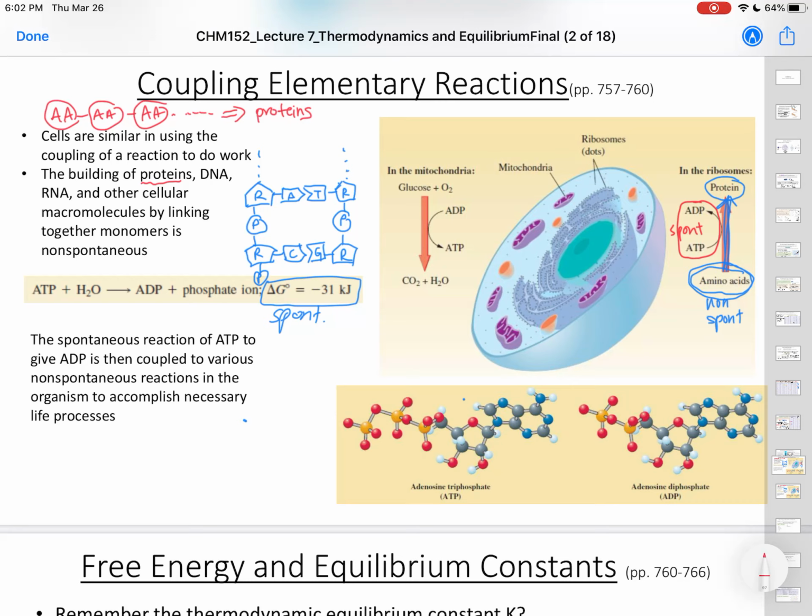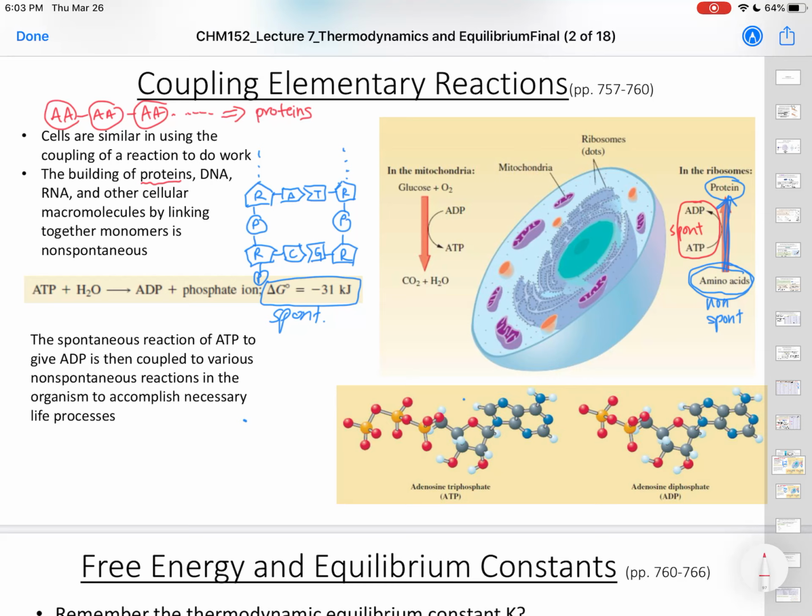In our body, things are built from small particles, and each one of these coupling reactions where we're linking together little bits, what they call monomers of amino acids, and it forms a polymer called a protein, is only done because we can couple it to the conversion of ATP to ADP, which is a very spontaneous reaction.